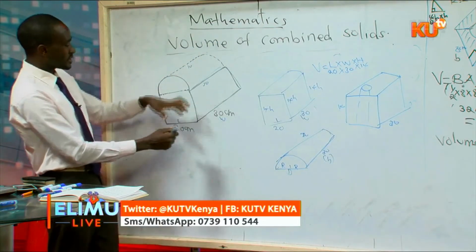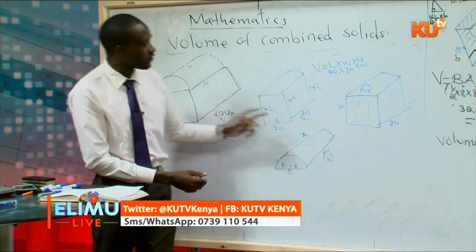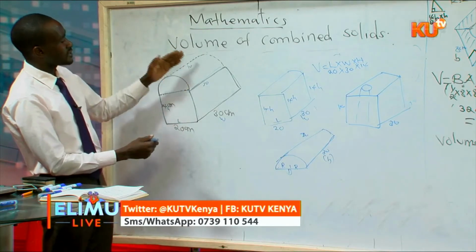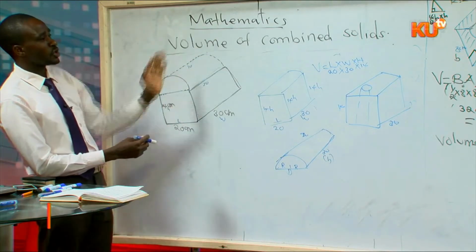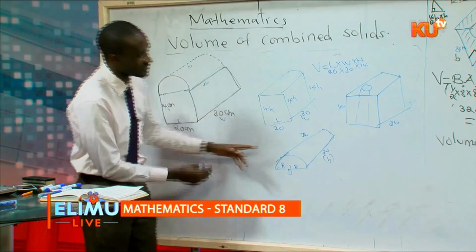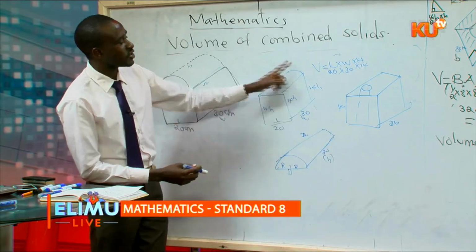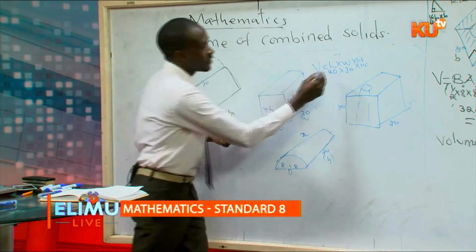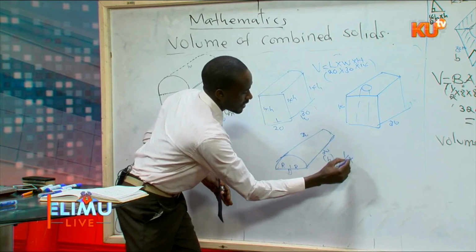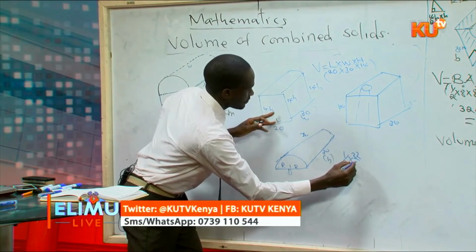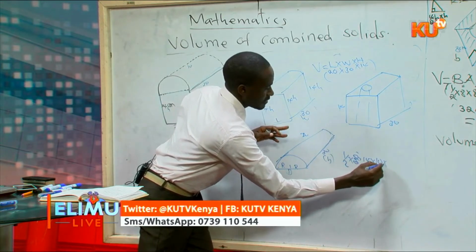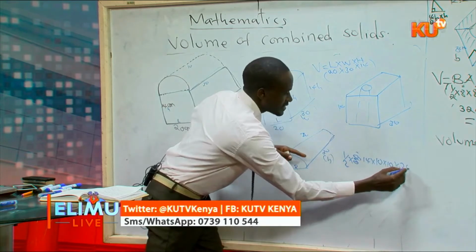So that learner who is asking why did we take the height of half a cylinder to be 30, not 14? Remember, half a cylinder was lying. It was not standing. So because it was lying, we take 30 as its height. But that 30 is not the height of a cuboid. So after finding the volume of a cuboid, find the volume of half a cylinder, which is a half times pi r squared, where r is 10, then height is 30.